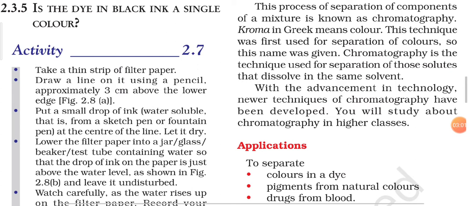So basically there are three types of chromatography. One is paper chromatography, the other one is thin layer chromatography, and the third one, which is the most recent or the most complicated one, is column chromatography. Column chromatography and thin layer chromatography, in short said to be TLC, you are going to study in higher classes only.